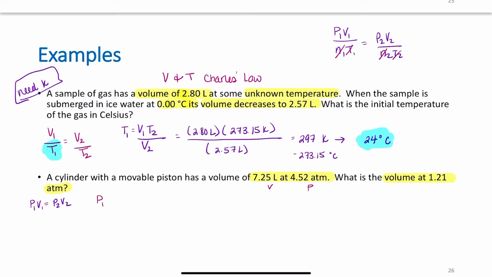Let's see. We know our initial pressure is 4.52 atmospheres. We know our initial volume is 7.25 liters. We know our second pressure is 1.21 atmospheres. We want to know our second volume. So we're going to solve for V2.